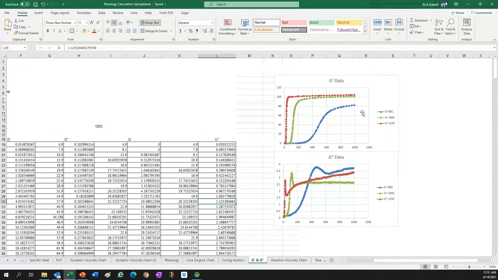Again, we see the graphs and we see G double prime and G prime plotted. We're seeing this at various temperatures. Notice that at various temperatures, the gel time changes. And these peaks, as they respond to a time below, in this case looks like the time is about 26 seconds.